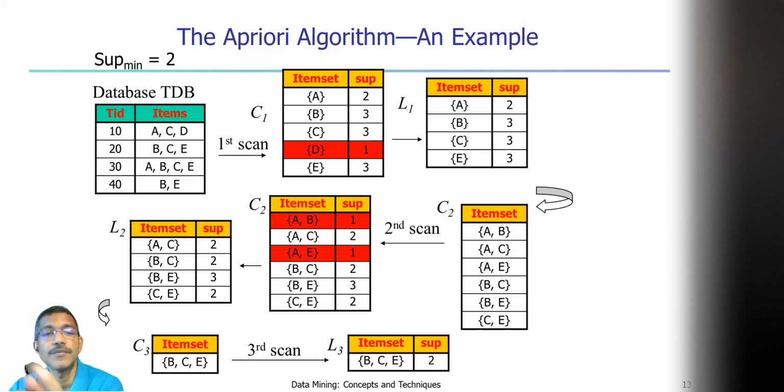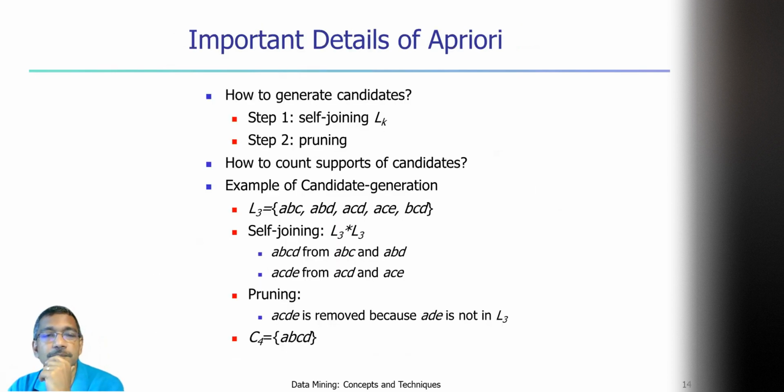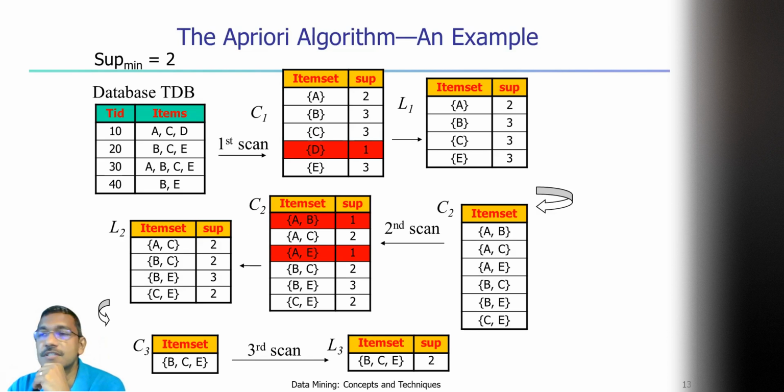With AC and BC, we can create ABC, and in that ABC you have the sub pattern AB, and we know that AB is 1. So obviously ABC is going to be less than the required frequency, so we don't check ABC. I just gave you an example, but I'll formally show you that as part of the algorithm. Any questions? Is it clear?